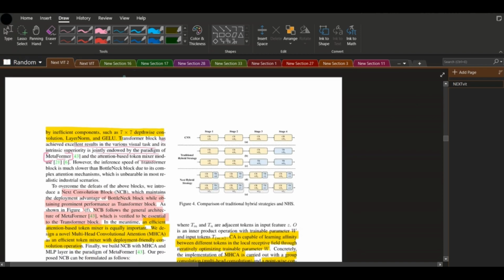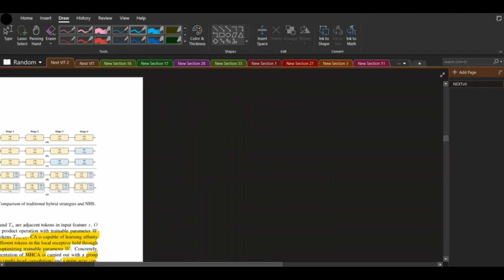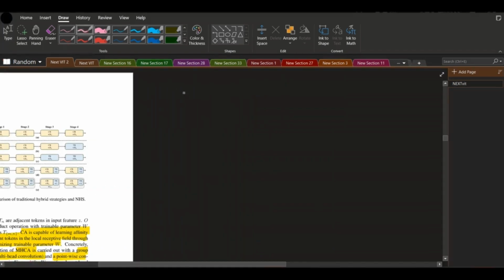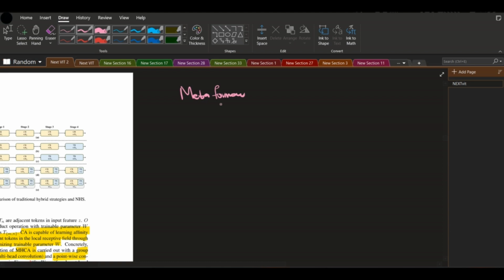The transformer model has achieved excellent results in various visual tasks, and its intrinsic superiority is jointly endorsed by the paradigm of MetaFormer. So what do they mean by this MetaFormer? Let's try to understand this. MetaFormer essentially is an architecture that is composed of, firstly, the input embedding. I'm just going to write here embedding.